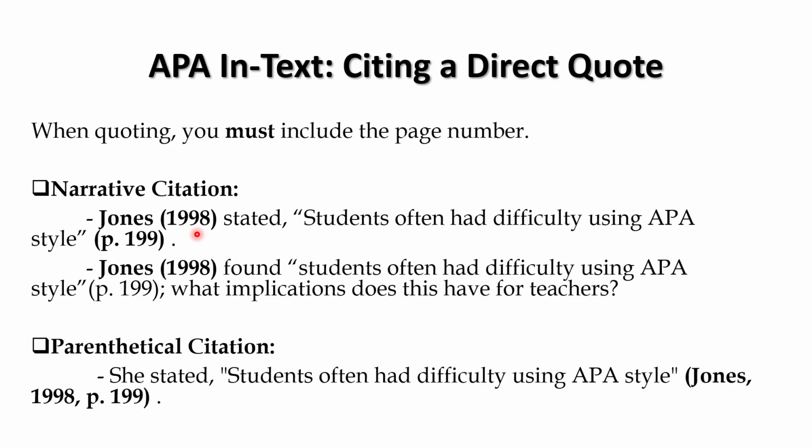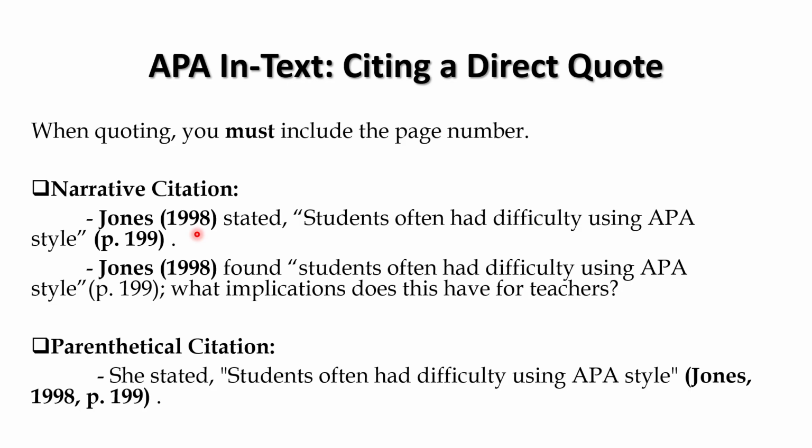The author's name, Jones, is part of the sentence, which makes it a narrative citation. The year, 1998, appears immediately after the author's name in parentheses. The quoted words are enclosed in double quotation marks.